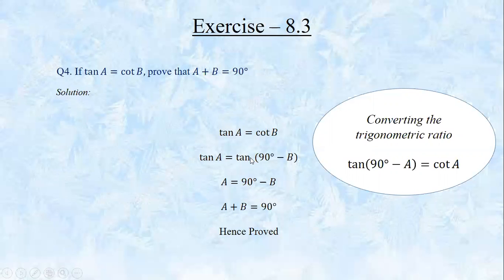Now, as we had seen before, the trigonometric ratios are equal, so we can equate their angles. So A is equal to 90 minus B. Taking B to the other side, A plus B is equal to 90 degree. Hence, we have proved this. This is the example in which we convert the trigonometric ratio first and we keep the angle intact.